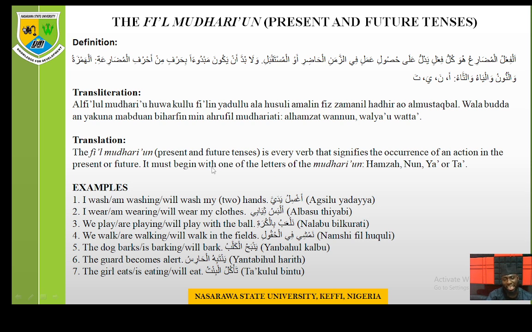But in English, this fi'l al-mudari consists of three things under it: simple present tense, future tense, or present continuous tense. If I say in this first example, aghsilu yadayya, it is what? I wash, or I am washing, or I will wash my two hands.